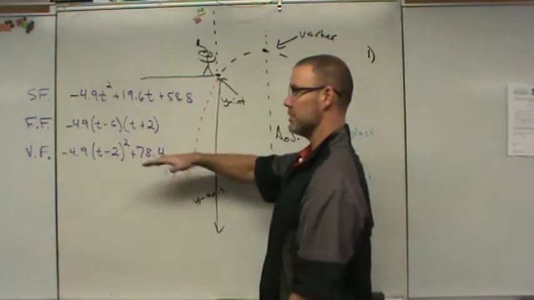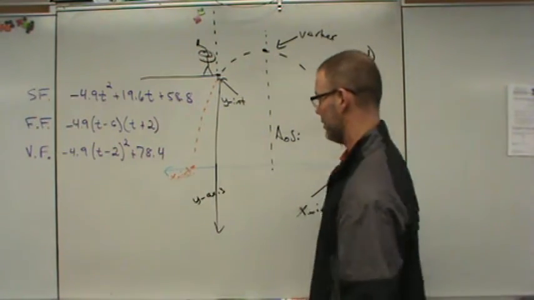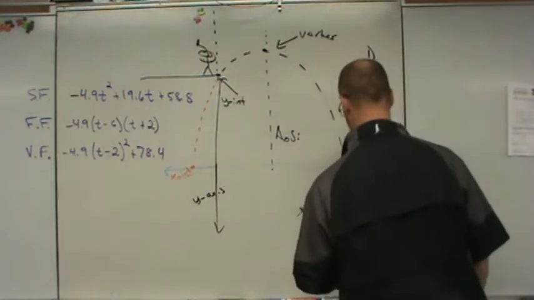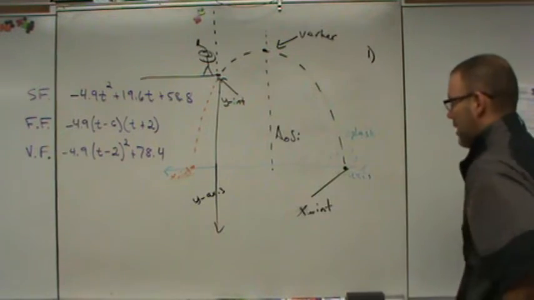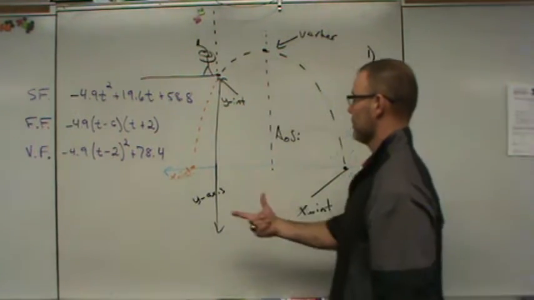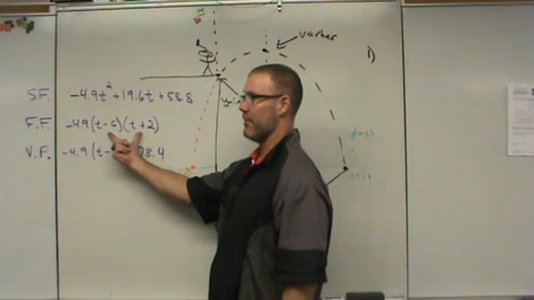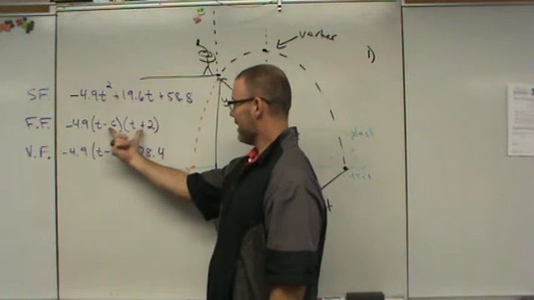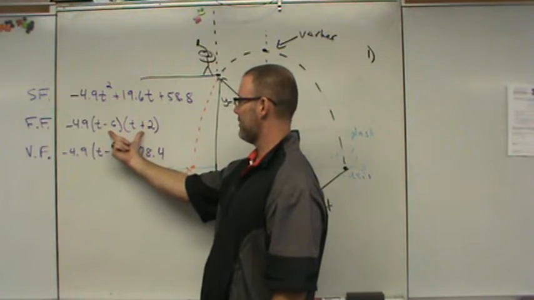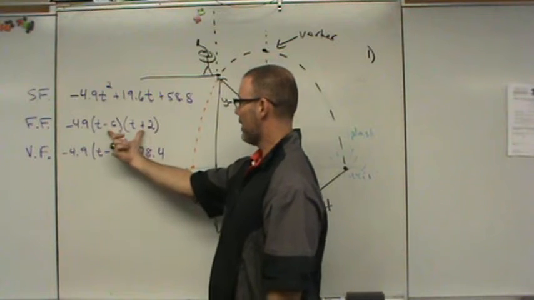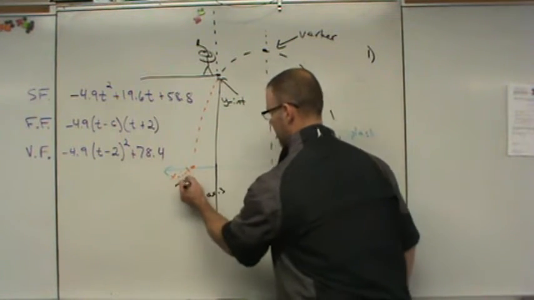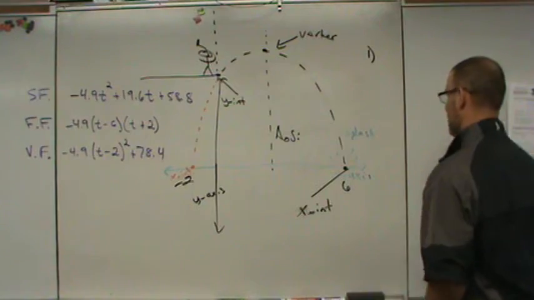So there's my key features. Which of these equations tell me the key features? That's what we've been building up to. Which one tells me at what time it's going to hit the ground? Well, remember what your factors do. My x-intercepts are actually the opposite of my factors. So in this particular problem, positive 6, negative 2. Negative 2, positive 6.